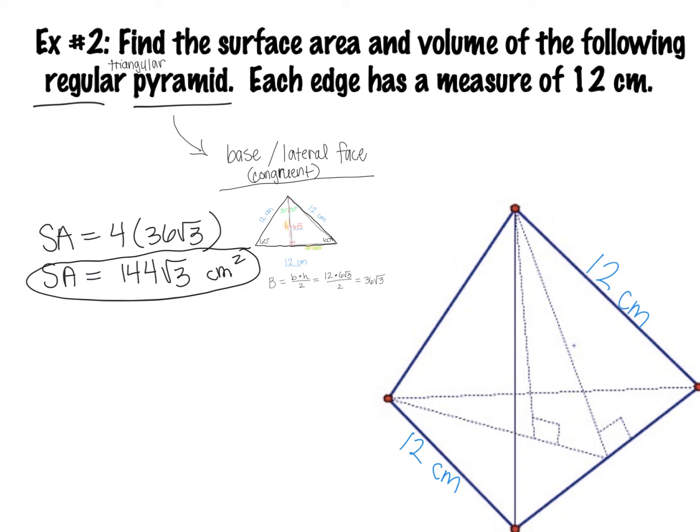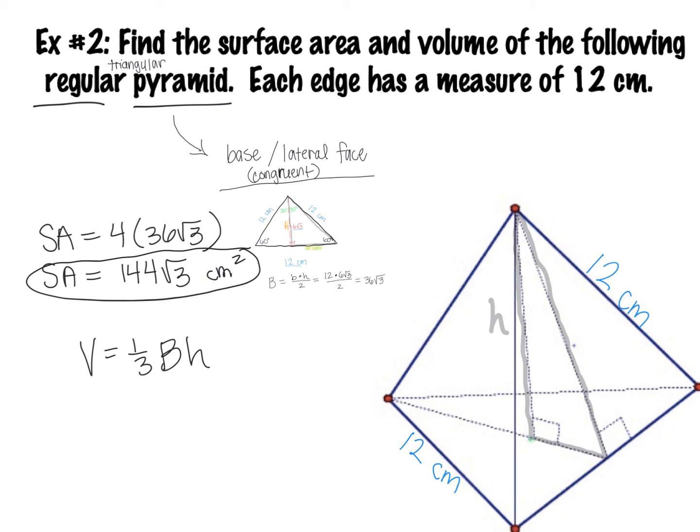Since our formula for volume is a third area of the base times the height, we need to find the height. And remember, our height is right here in our picture. We will eventually use the Pythagorean theorem.